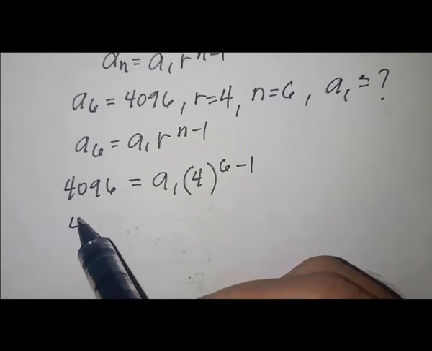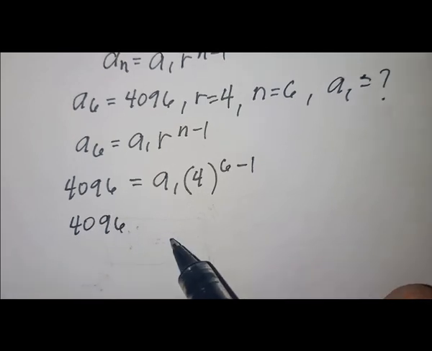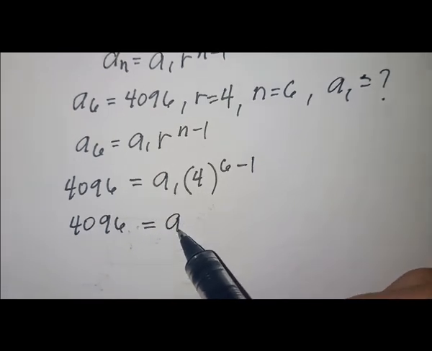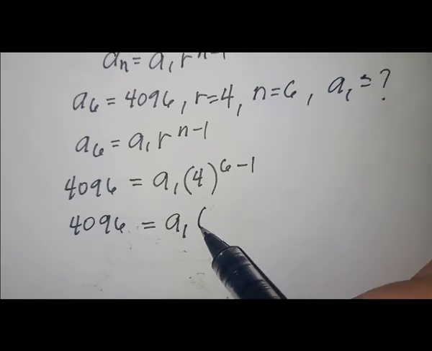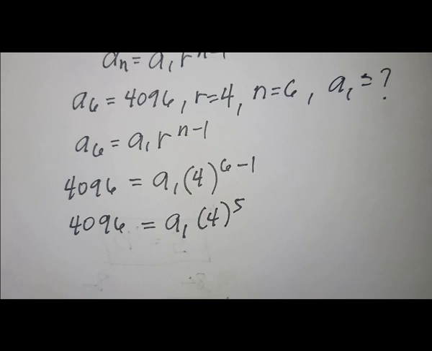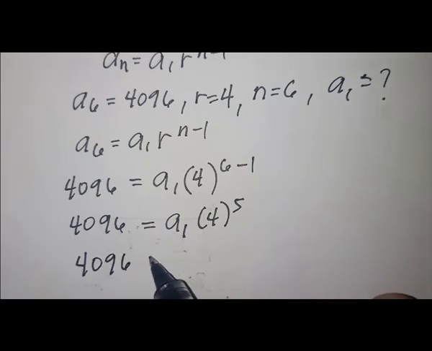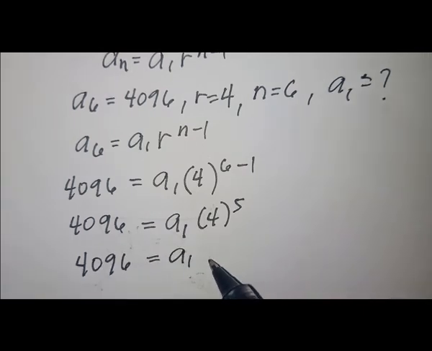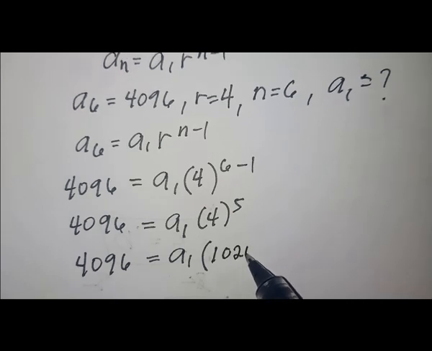Okay, so we have 4,096 equals a sub 1 times 4 raised to 5. Okay, so what is 4 raised to 5 kaya? So we have 4,096 equals a sub 1 times, okay, we have 1,024.